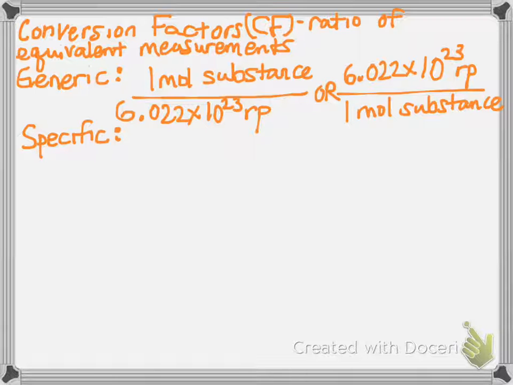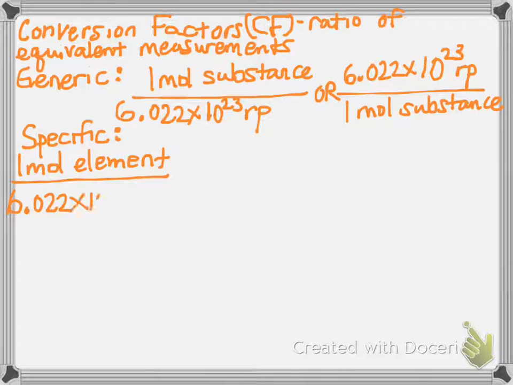So, if I have 1 mole of element, then I have 6.022 times 10 to the 23rd atoms, because our representative particle of an element is an atom. And again, I could flip this and put 6.022 times 10 to the 23rd atoms over 1 mole of element. So that's our specific conversion factor related to an element.